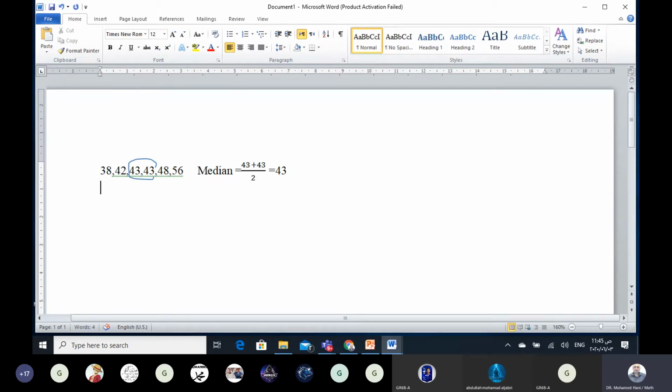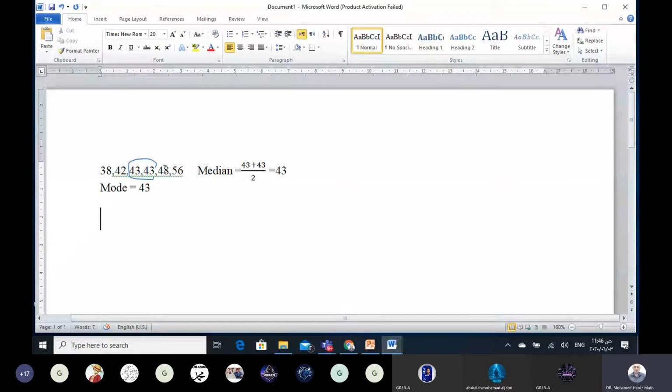Now, this is the median and the mode. The mode is the most frequent number: 43. So the mode will be 43. The median can be the same value as the mode. Here is a special case where the median has the same value as the mode.